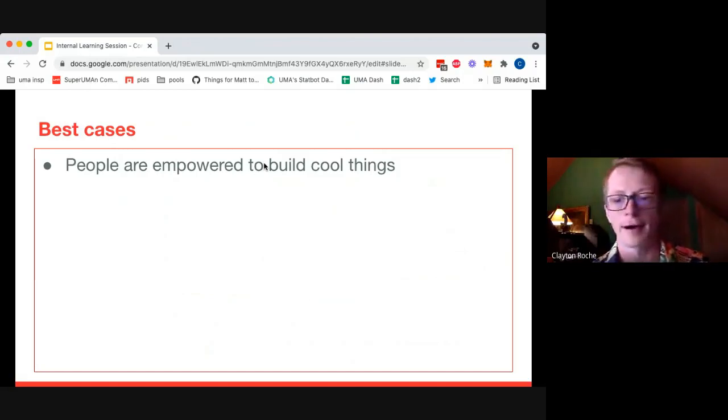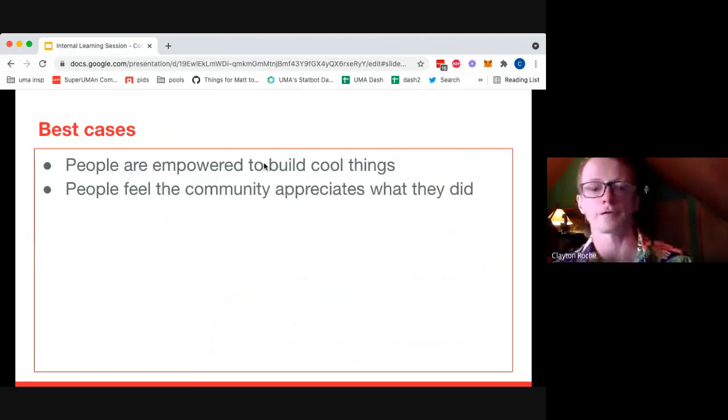A somewhat trivial example is I gave the subgroup of superhumans, the agents, the power to create custom emojis. They can go in Discord and create their own emojis for the whole UMA server. We also have people creating graphics, NFTs, POAPs, and writing proposals, things like that. Those are examples of empowering people.